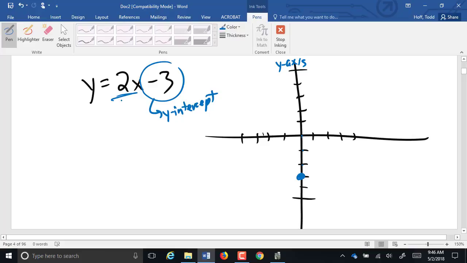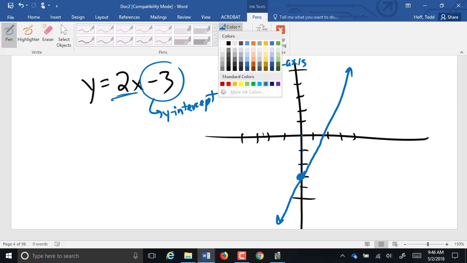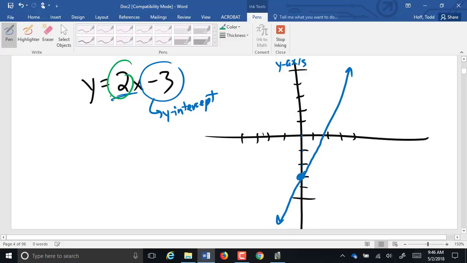The number multiplying the x tells us the angle. Now, since that's a 2, that means it's a little bit steeper than other lines, so something like that. Well, let's look at that in a little more detail. That number that multiplies x is called the slope, and a slope is actually a ratio. It's a rise over run. Now we look at that 2 and think, well, that 2 is only a single number.